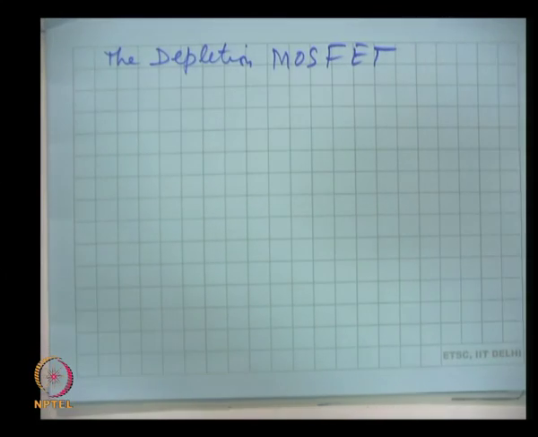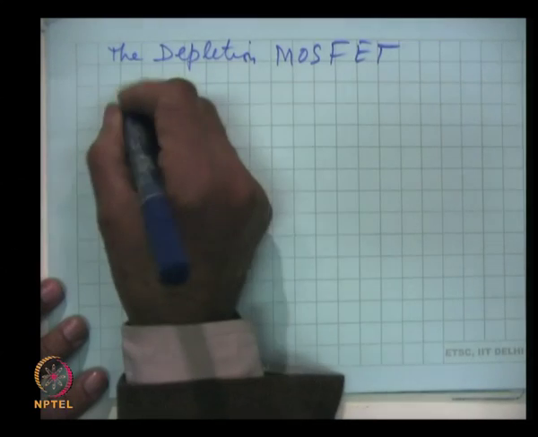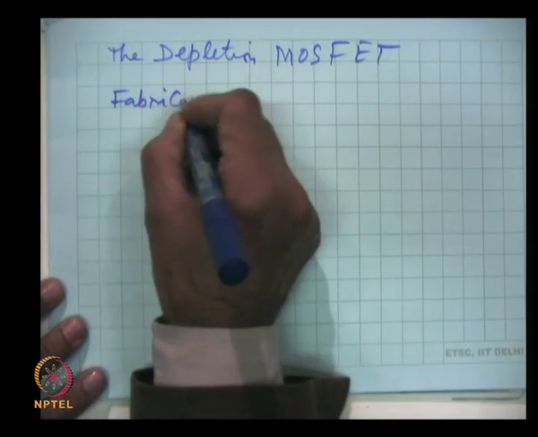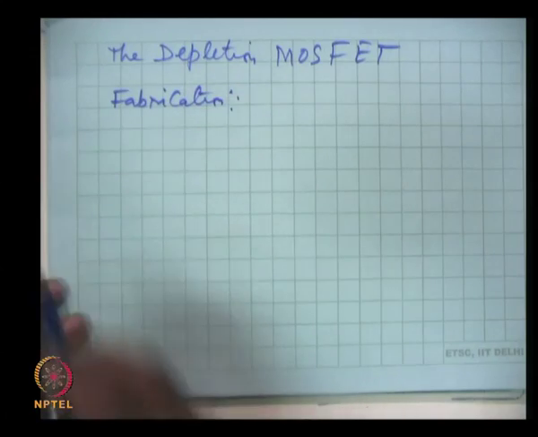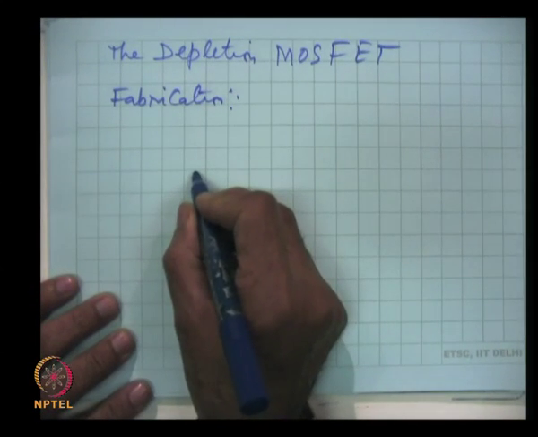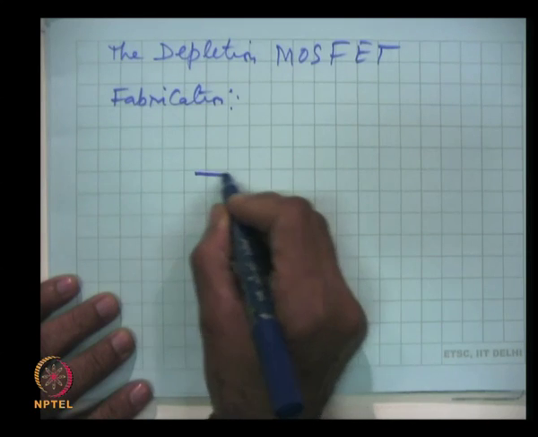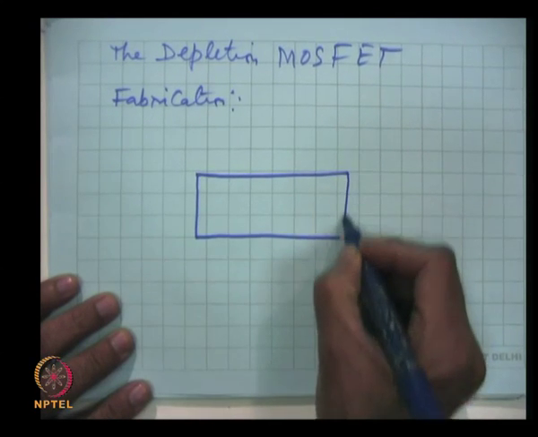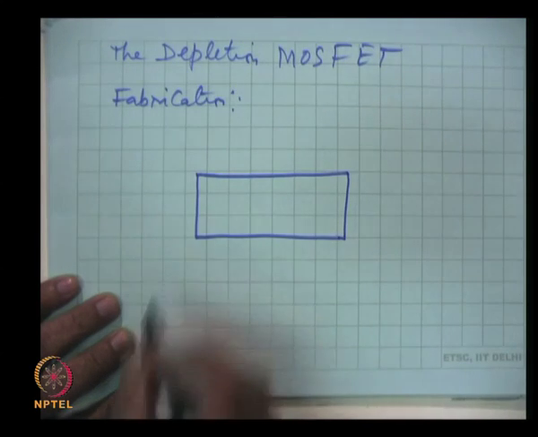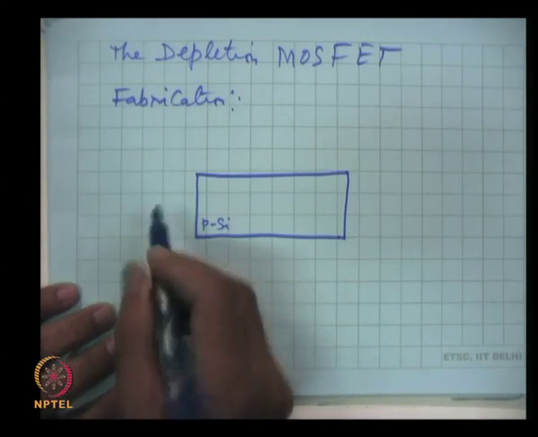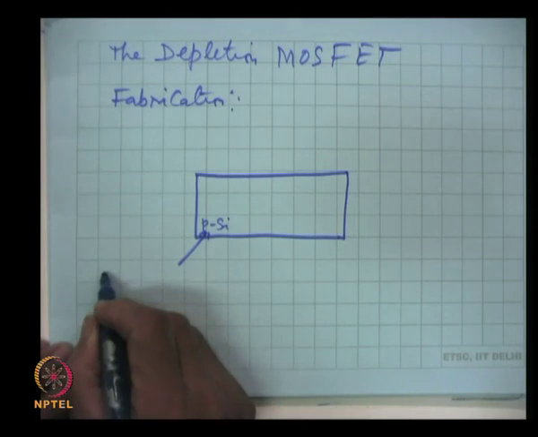Depletion MOSFET. First, the construction, fabrication. Here is a small crystal of say p type silicon, which is a substrate.